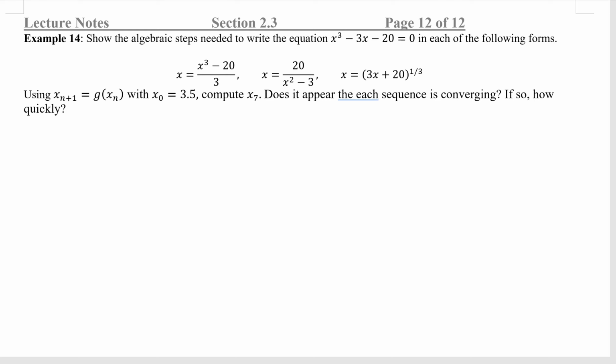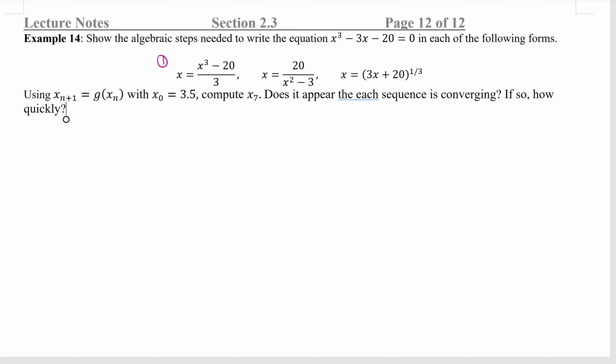So we want to solve this equation, and we want to show that we can rewrite it in terms of the following forms. Each form can give us an iterative scheme.